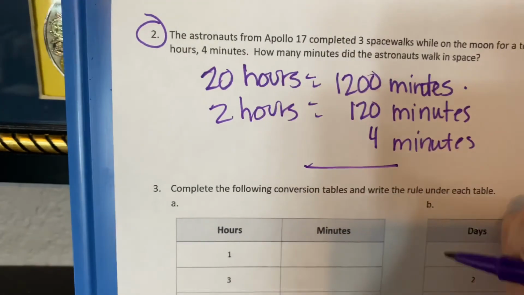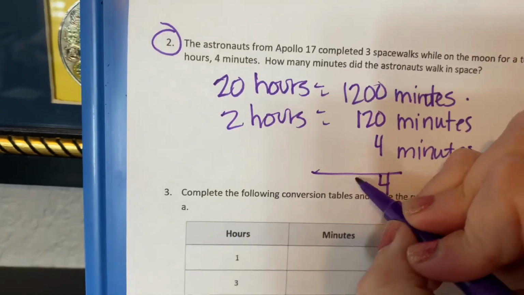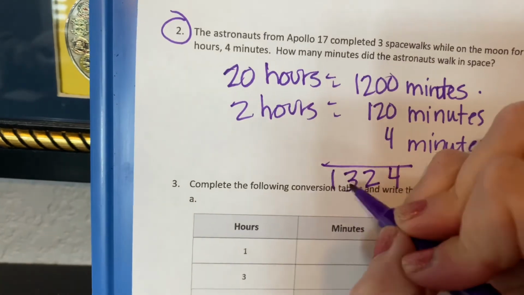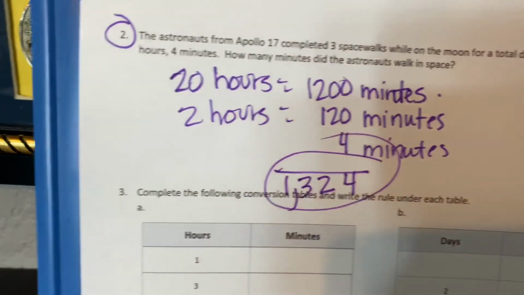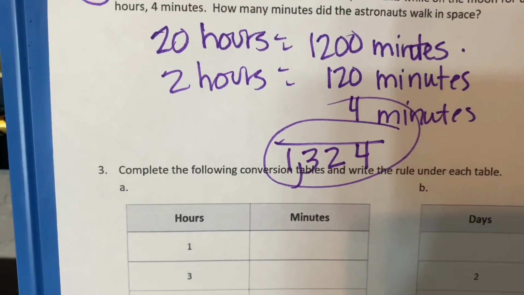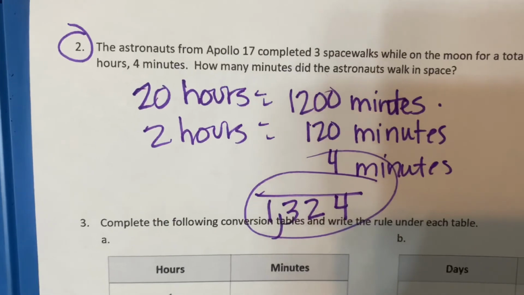And now we're going to add 0 plus 0, 4. 0 plus 2 is 2. 2 plus 1 is 3 plus 1. So our answer is 1,324 minutes the astronauts spent on their walk in space.